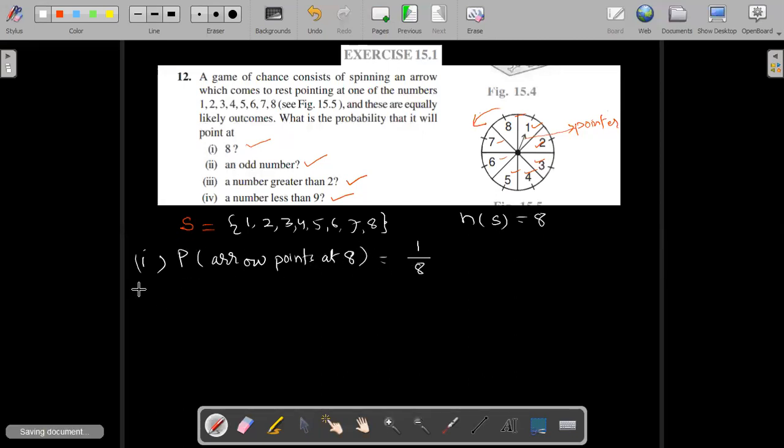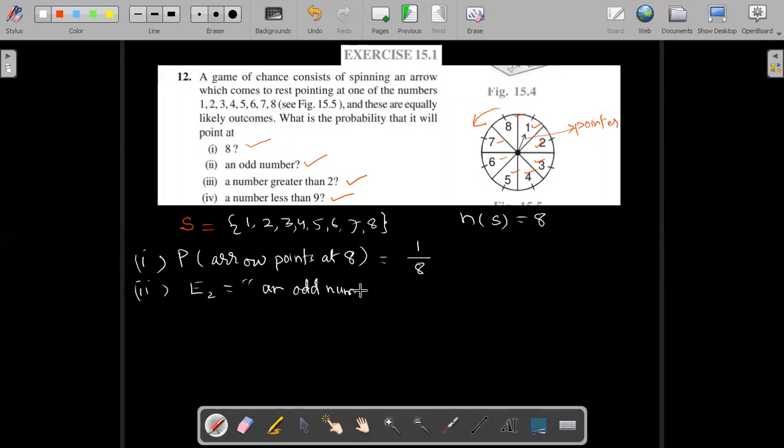You can define it by E1, E2. Now we have the second event. Let E2 be the event which is denoting an odd number.